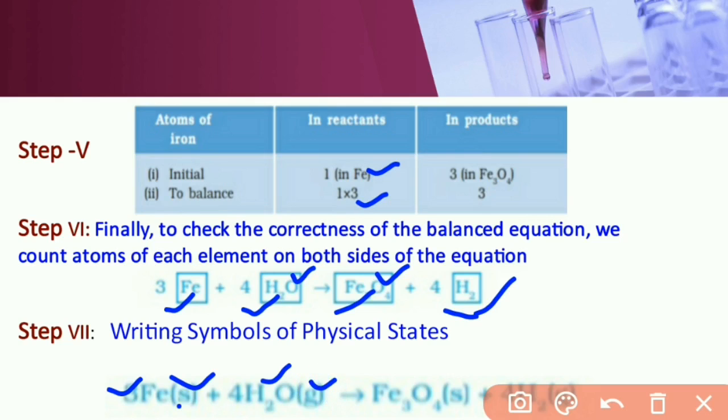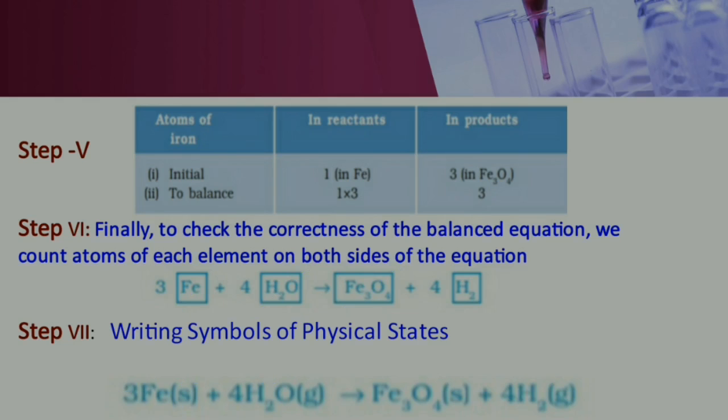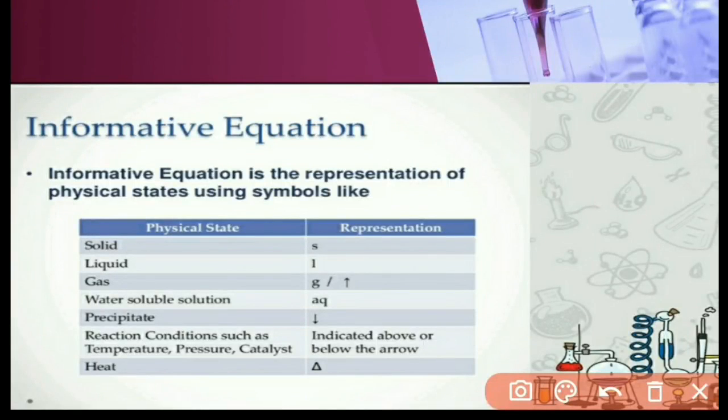And rust is also in solid form, so here we write the physical state as solid, and hydrogen is in gaseous state. When we represent a balanced chemical equation with physical states, it is called an informative equation. By this equation we can understand the physical states of the compounds and atoms of the elements.